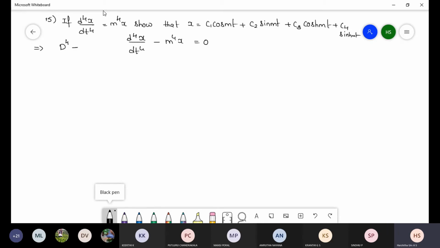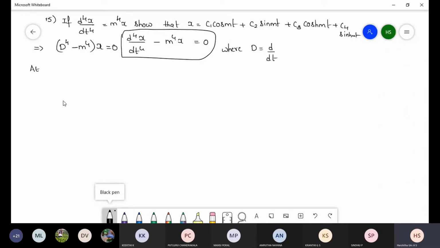So d power 4 minus m power 4, in the place of y they have given x, is equal to 0. This is the equation conversion. After writing this, we have to write the differential operator, where d is equal to d by dt, because with respect to t they have given, so we mention in terms of d by dt.